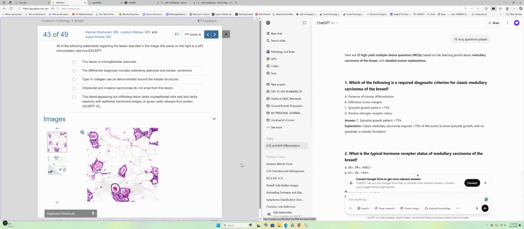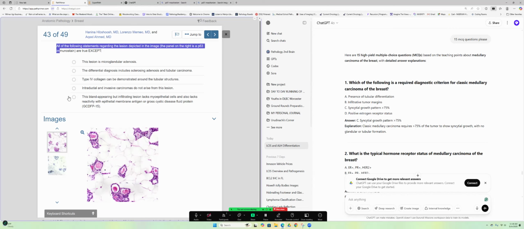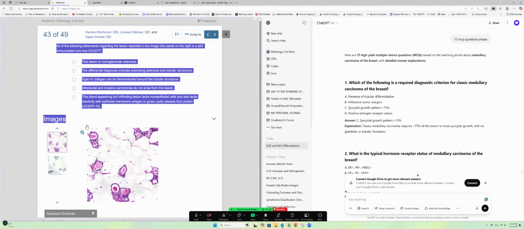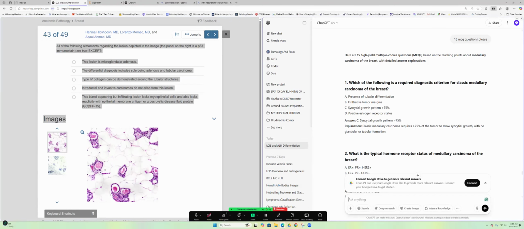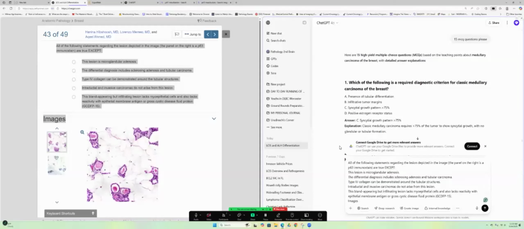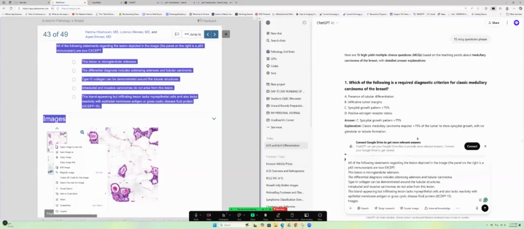I forgot it myself, but I think I'll do ER, PR. But let's see. The bland appearing infiltrating lesion lacks myoepithelial cells, also lacks reactivity with... maybe it's going to be E.